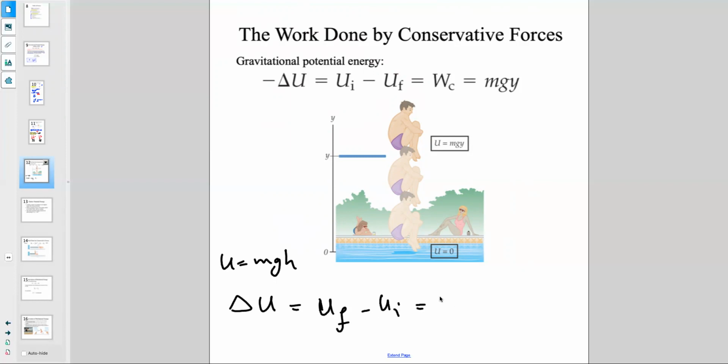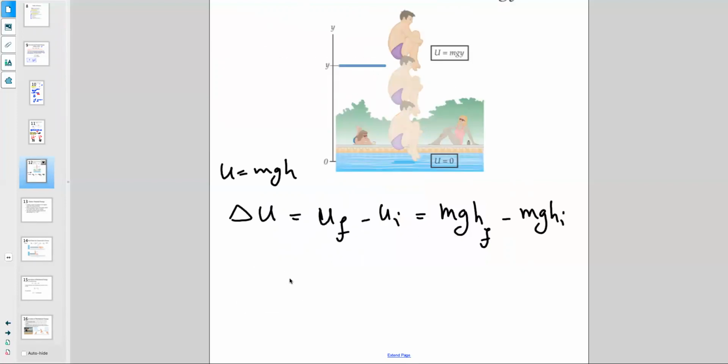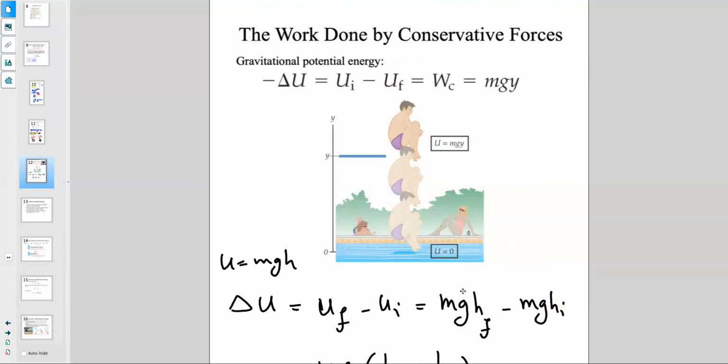U final is mgh final minus mgh initial. So if I factor out mg, I'll have mg times h final minus h initial. And in other words, if you multiply it by a negative, you'll get something like this.